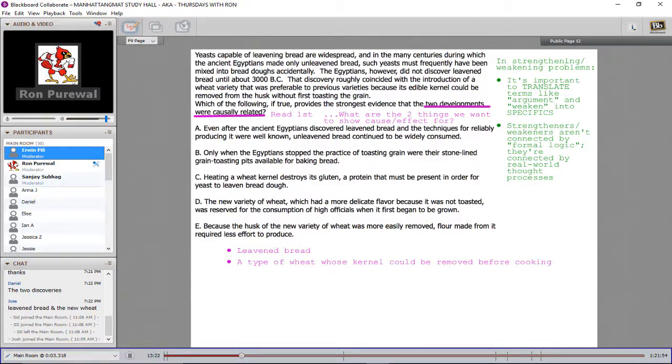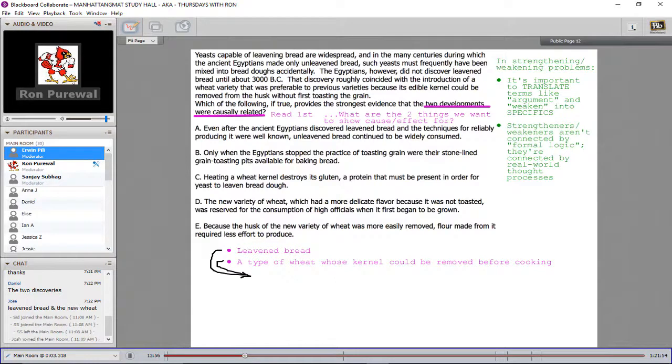So now what you should try to do with these things, we want more evidence that these are related by cause and effect.